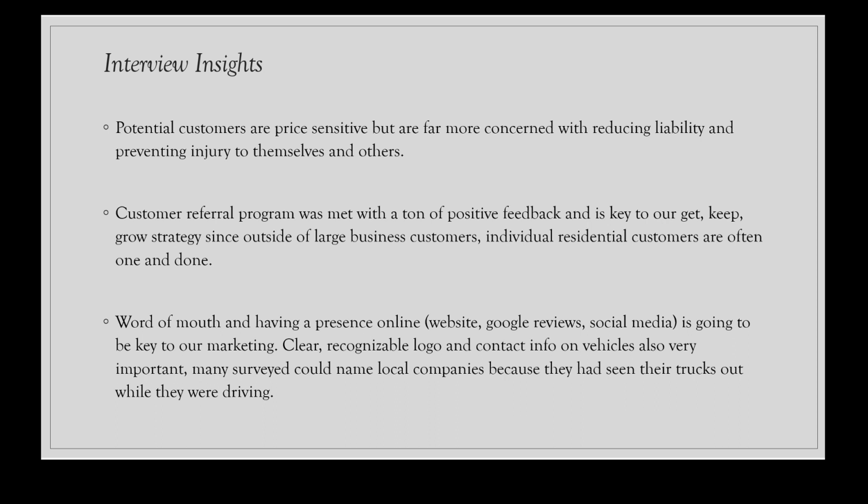Customer referral program, as I mentioned before, ton of positive feedback. I think word of mouth in this type of industry, especially as a small business just starting out, is going to be huge. And then just making sure that we check all of the boxes. We're going to have a presence online. We're going to have a presence on social media.